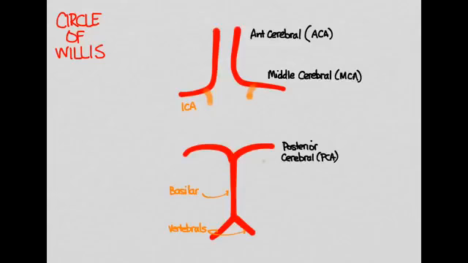So in orange I've drawn where they get their blood supply from. Now, in order to make this a circle, everything needs to connect, and they do through communicating arteries. So the anterior circulation connects through the anterior communicating artery, and the posterior circulation connects to the anterior circulation through the posterior communicating arteries.